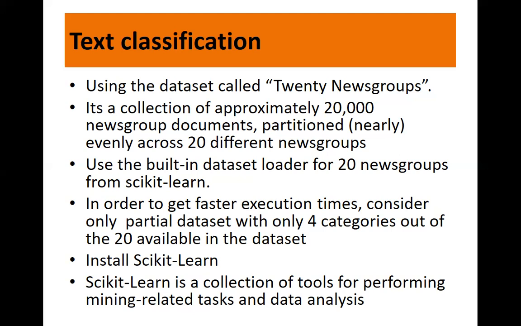Here we'll use the built-in data set loader for 20 newsgroups from scikit-learn. The scikit-learn library we already know, we used it in both previous examples. To get faster execution time, we'll consider only a partial data set with only 4 categories out of the 20 available. So instead of using all 20 class labels, for our practical purpose right now, we'll consider only 4 class labels.